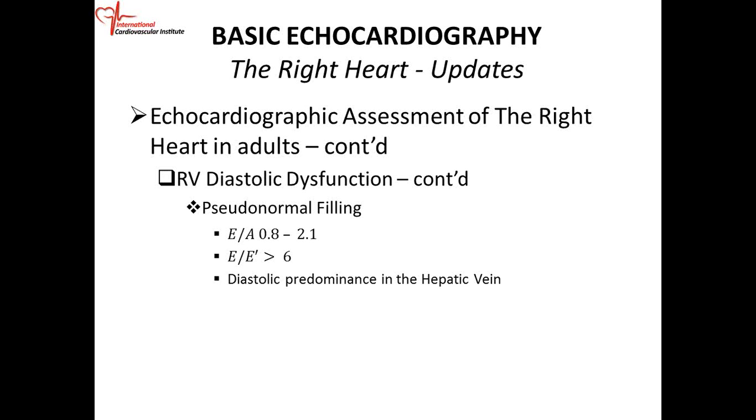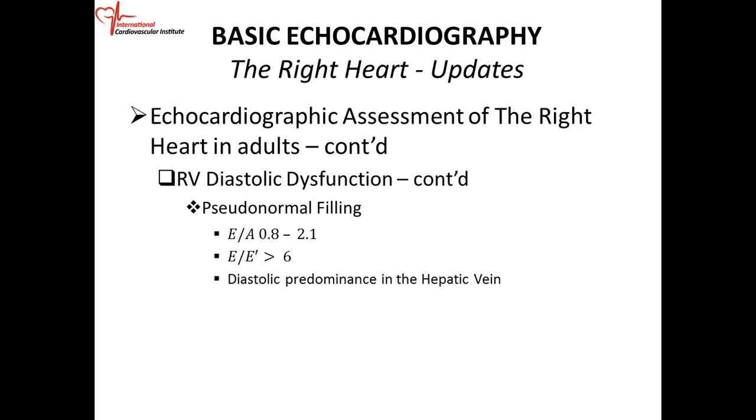We're not going to go into that. And then pseudo-normal, it looks normal, but it's not normal. When you look at your E prime, the E prime is less than 8 centimeters per second. On the right side, pseudo-normal is defined by your E to A ratio between 0.8 and 2.1.